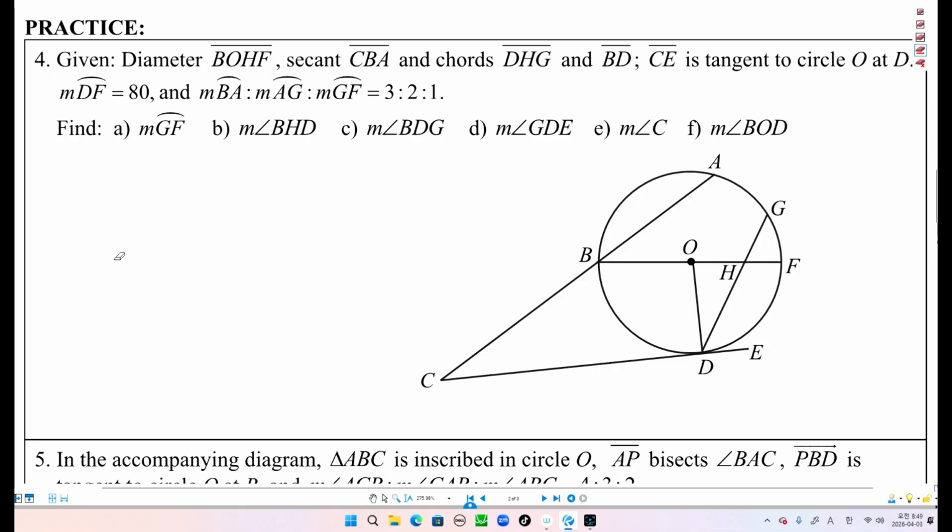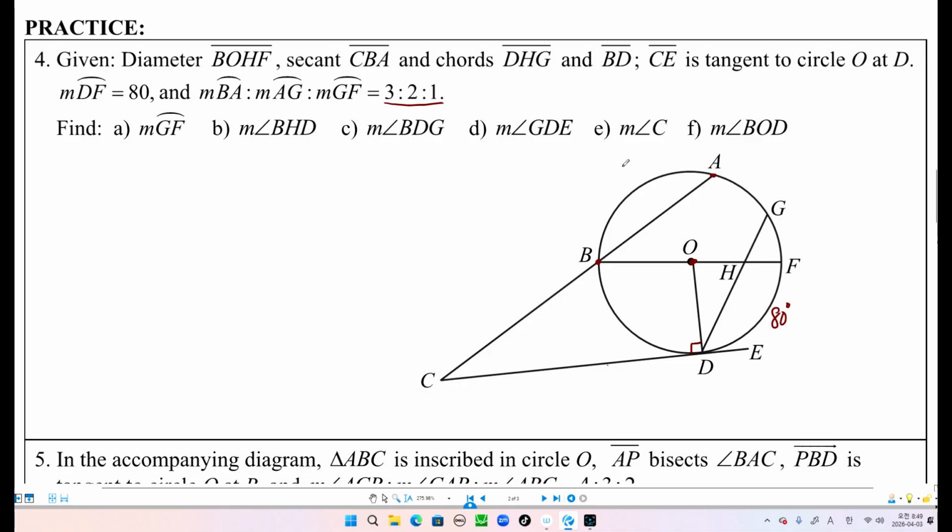Now let's do this one, number 4. The point over here, this is a tangent. We know the other one is a two-point secant. Tangent and this is the center, always 90 degrees, right? So measurable arc DF is 80. Where is the F? This one. It's 80. And it's a measurable arc, not the angle, right? Measurable arc BA, this side, that's the ratio, right? The ratio is given.